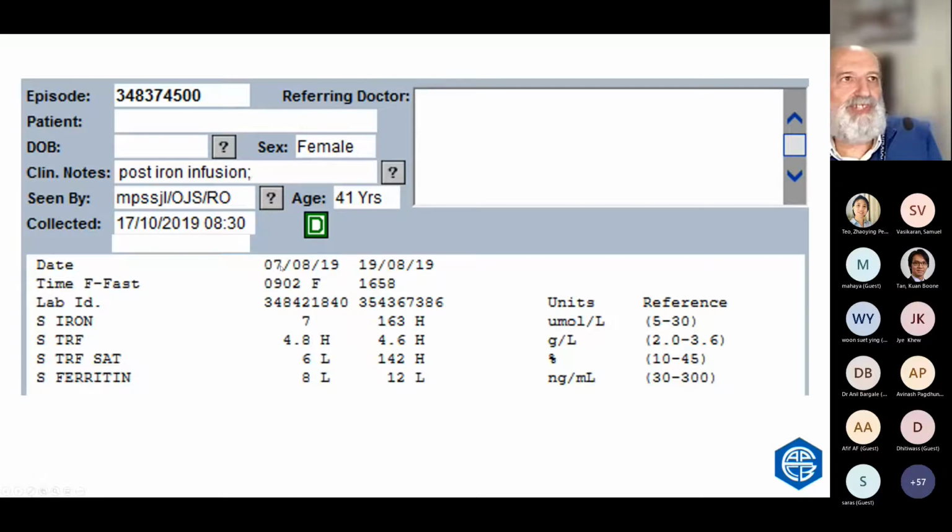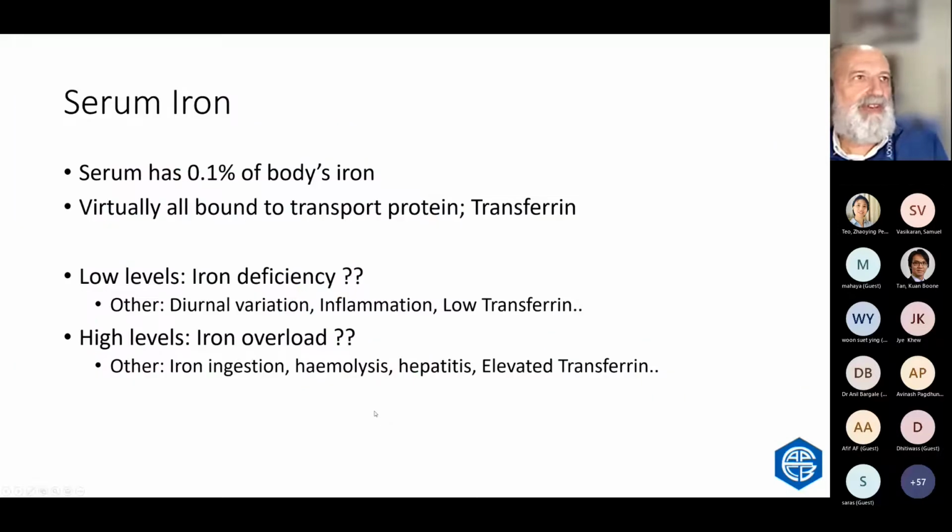So this patient was diagnosed with iron deficiency, and for some reason the doctors decided to take the blood after the iron infusion. And generally you'll need to wait at least a week after the iron infusion if you're going to get any sort of meaningful results for saturation, although the ferritin may be reliable. So that's just a warning regarding those things.